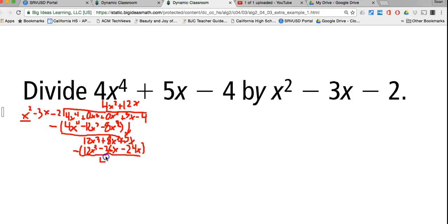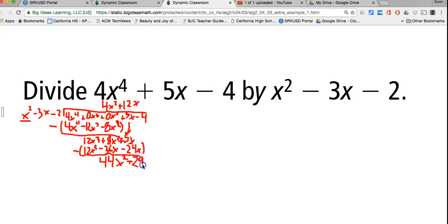And we get 5x minus negative 24x, which is 5x plus 24x, so we get plus 29x.